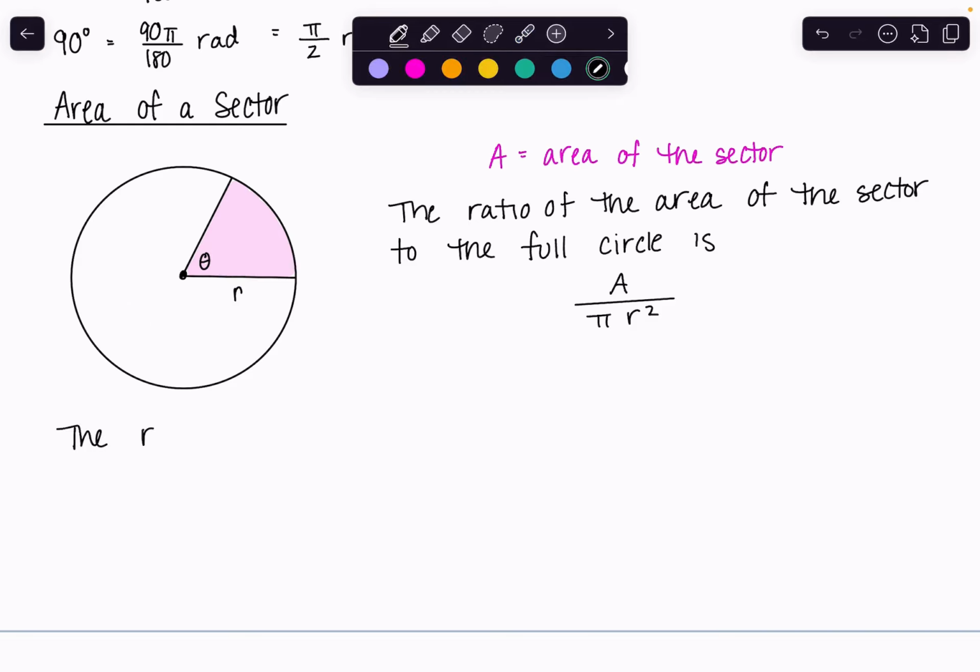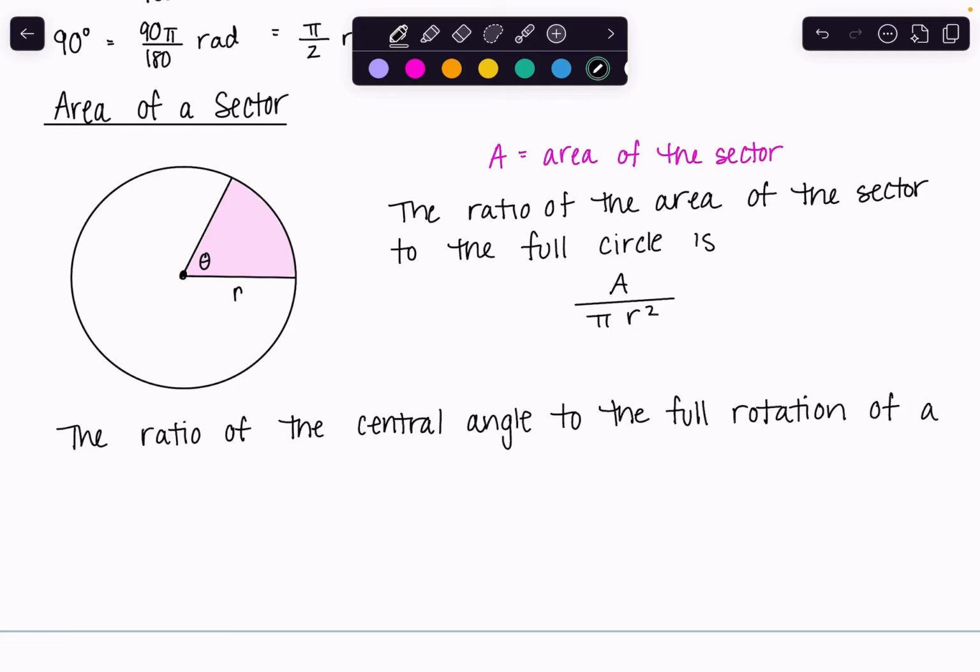So the ratio of the central angle to the full rotation of a circle is, we take that angle over the full rotation, which is 2 pi radians.